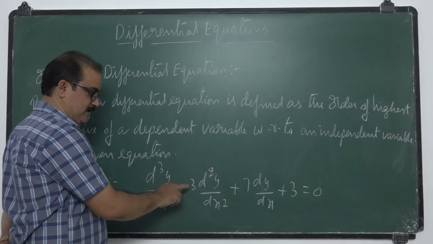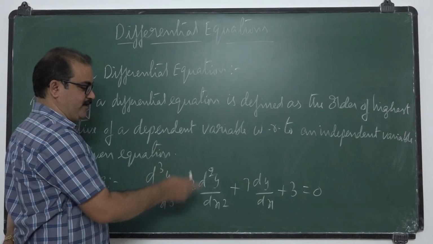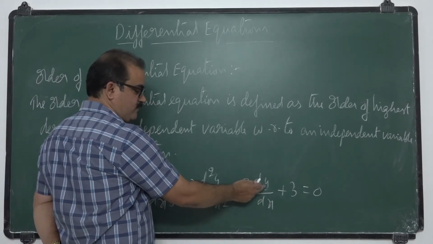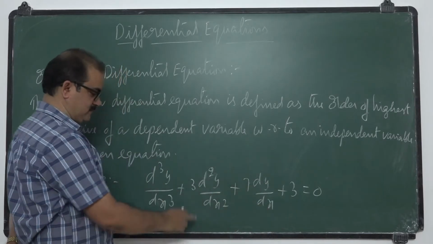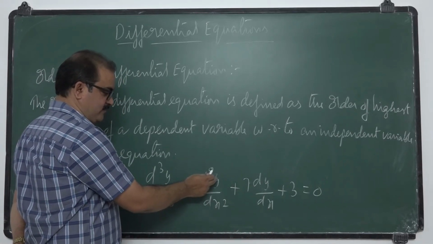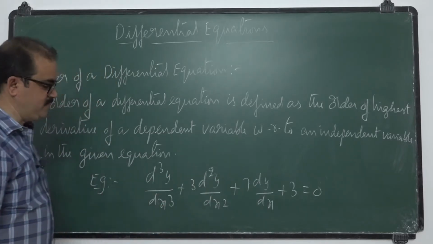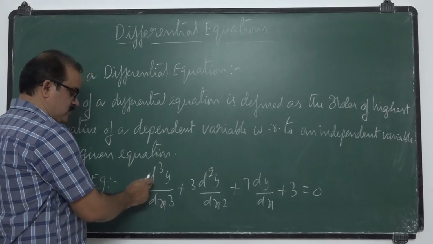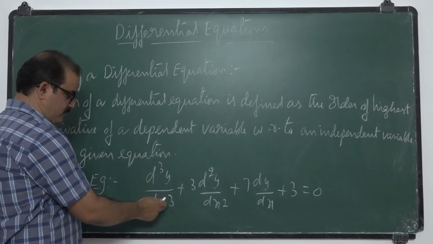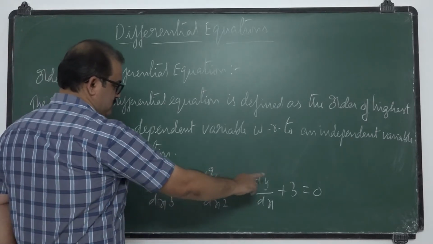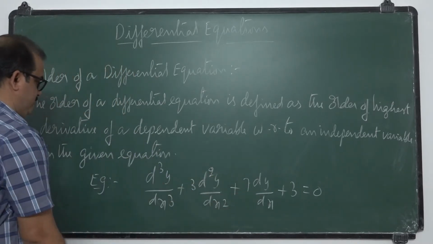It is an equation involving derivatives. dy by dx is the first derivative of y with respect to x. d square y by dx square is the second derivative of y with respect to x. d cube y by dx cube is the third derivative of y with respect to x. So it is called a differential equation.